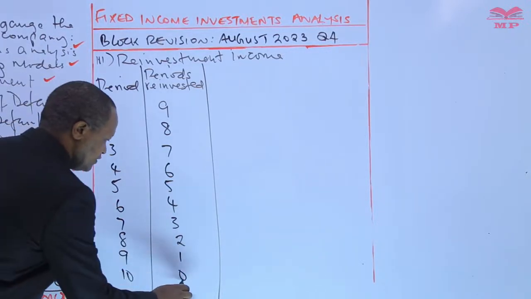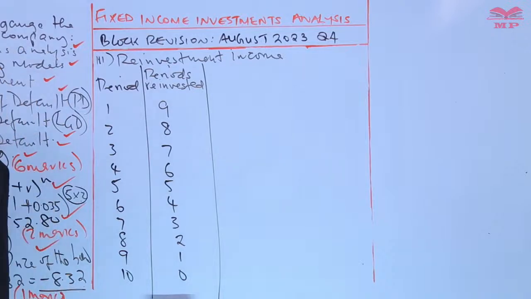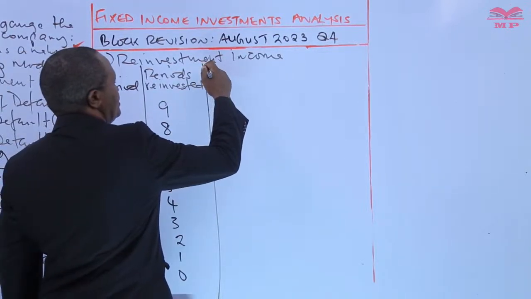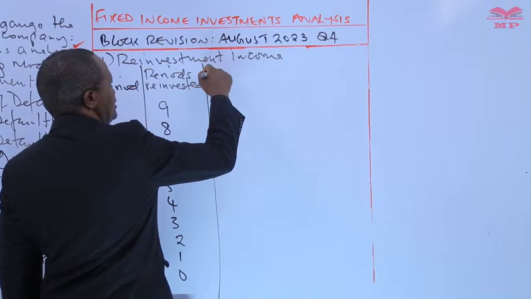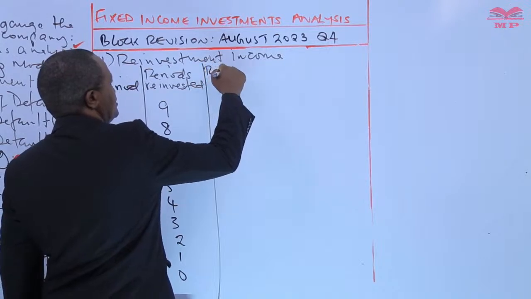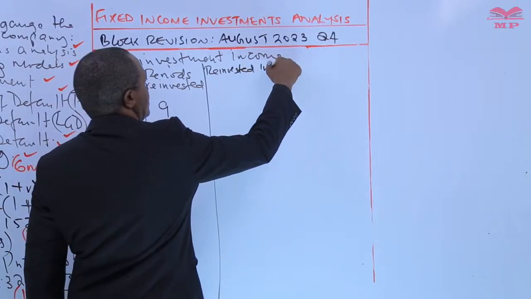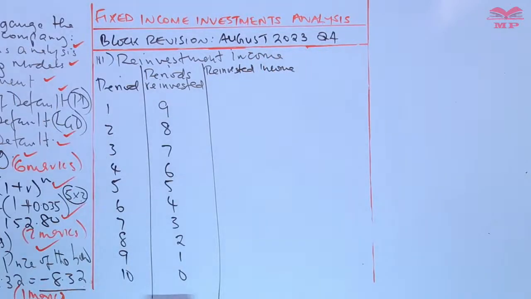So that's why we have 0. Then we are going to have a column for the reinvestment income.